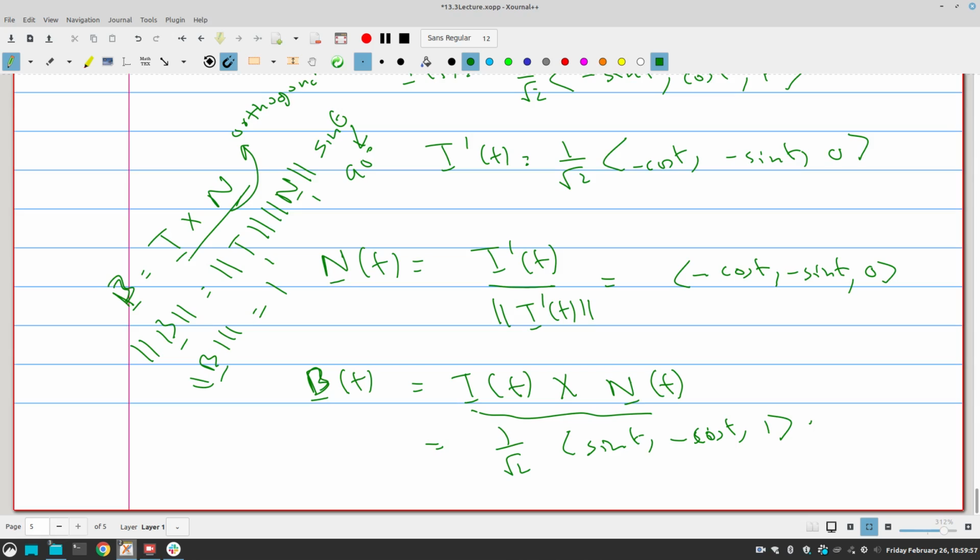Okay, so next we'll have a look at a couple of planes, the normal plane and the osculating plane. So let's define the normal plane first.